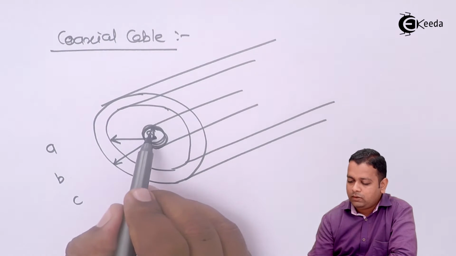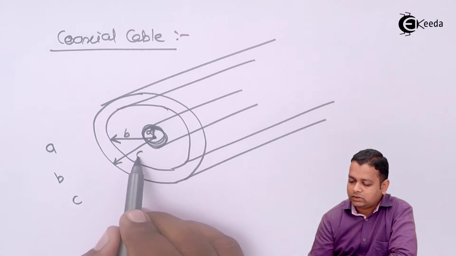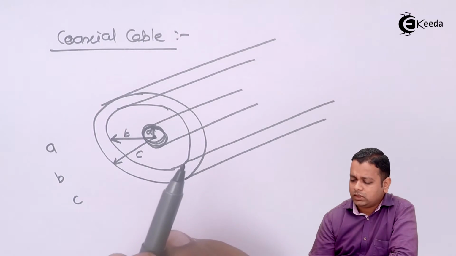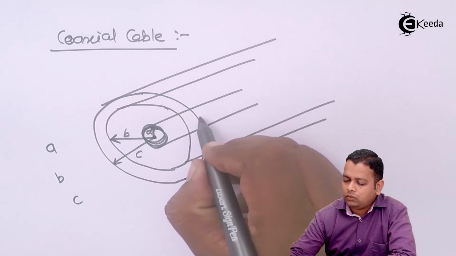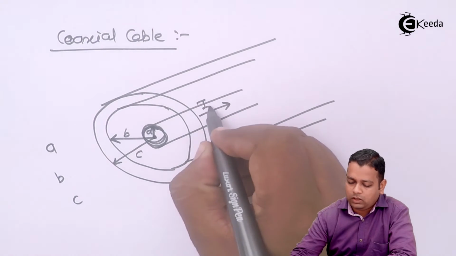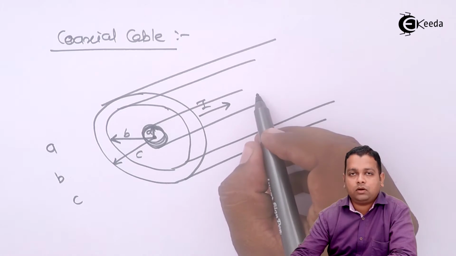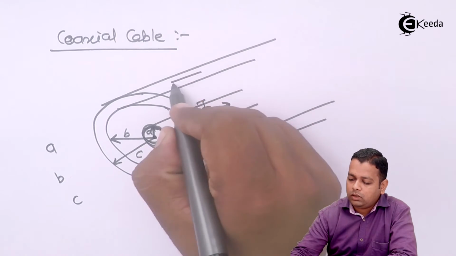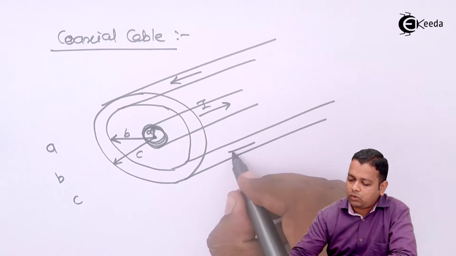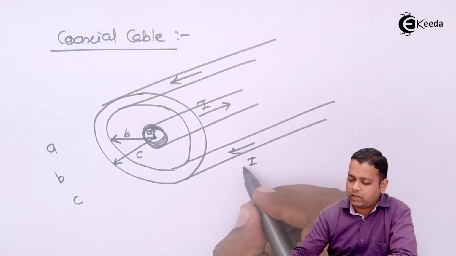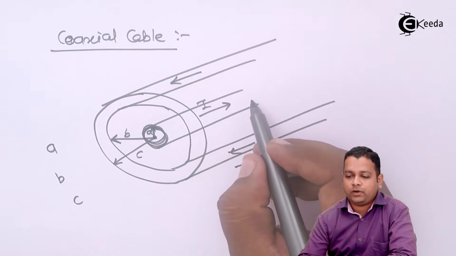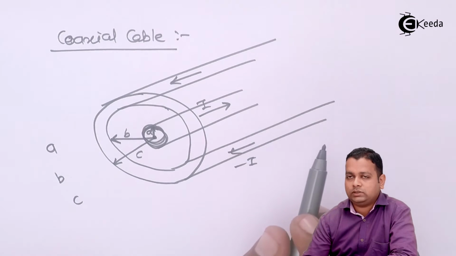So this is small a, this is small b, and this is small c. Generally, we have the current represented like this. If this is the current I flowing through the inner conductor, the current flowing through the outer conductor always has the reverse direction, so we have to mention it as minus I.